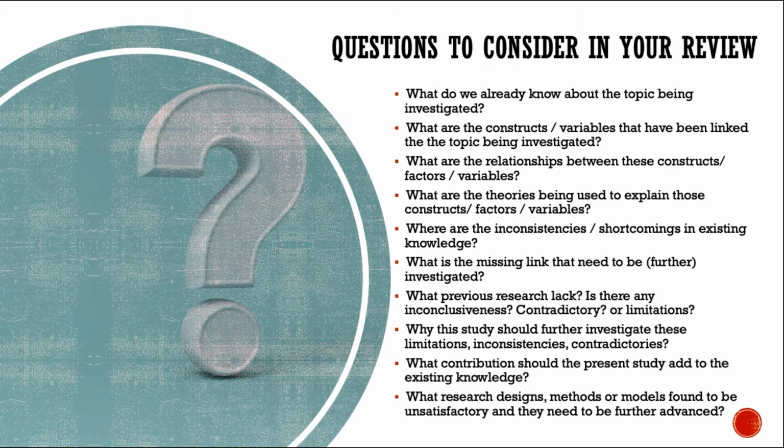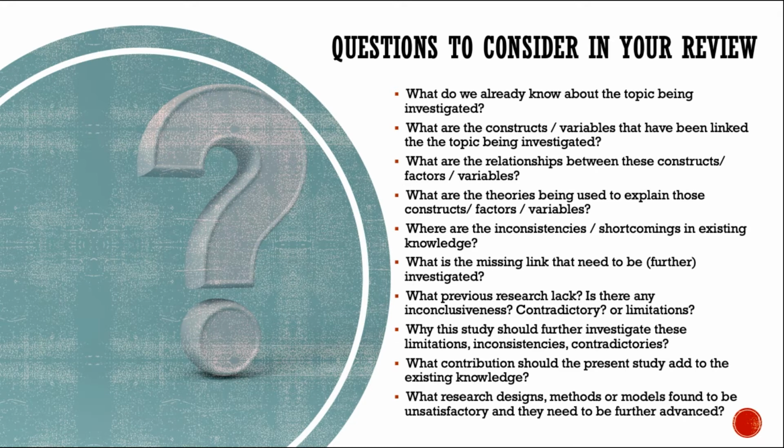Based on those studies, what is already known to us, and what are the constructs, variables, and factors that have been linked to the topic being investigated? What variables, constructs, and factors were identified by previous studies and theories to be significant, to influence or explain that phenomenon?